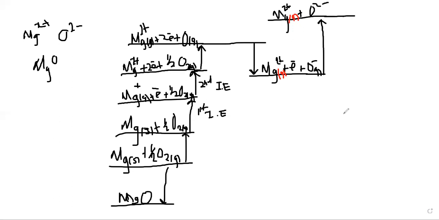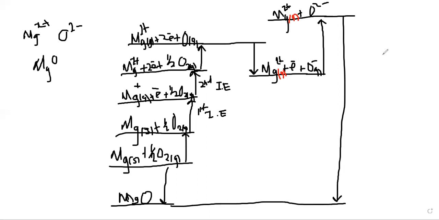All right, and so finally we draw our line coming down to magnesium oxide. And that's the Born-Haber cycle for magnesium oxide. Of course, this is enthalpy, the lattice enthalpy. And put LAT. All right, so that's it for magnesium oxide.